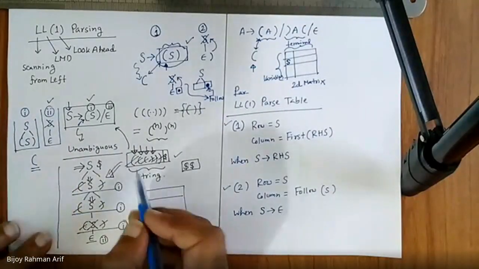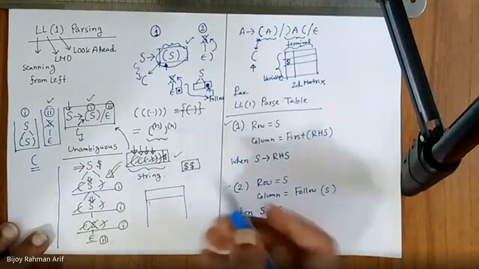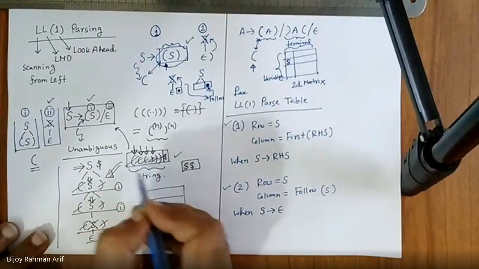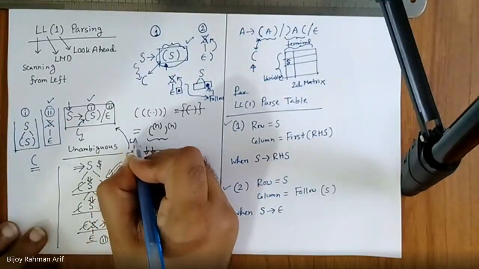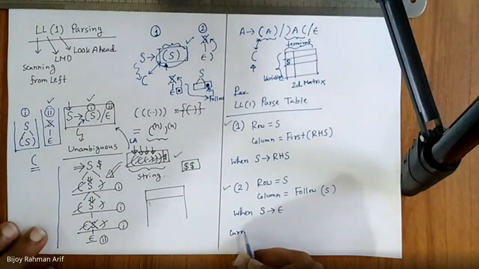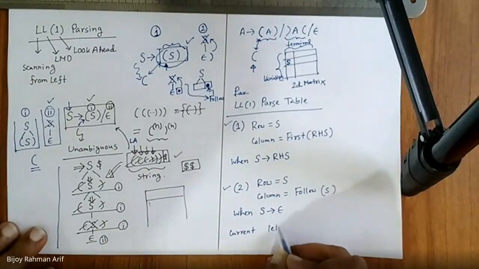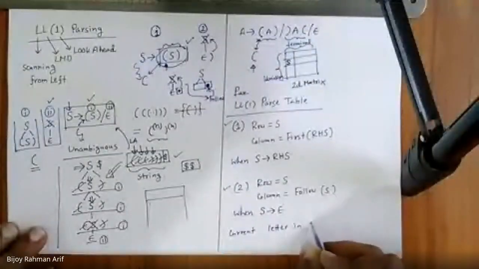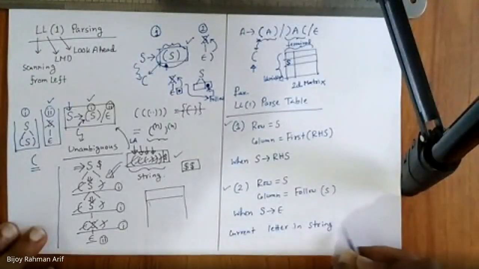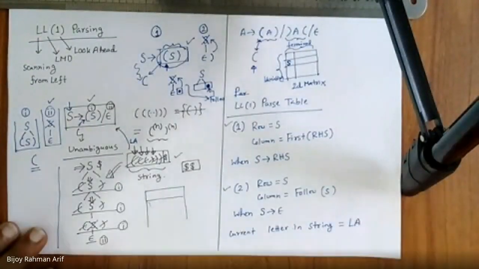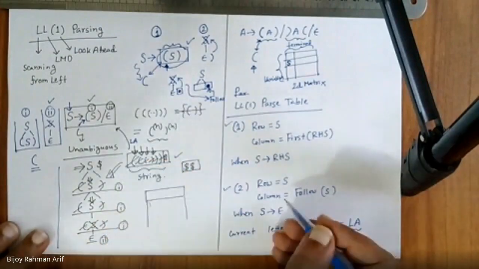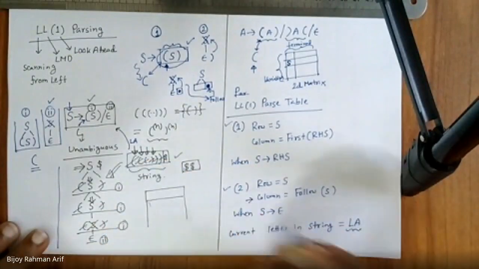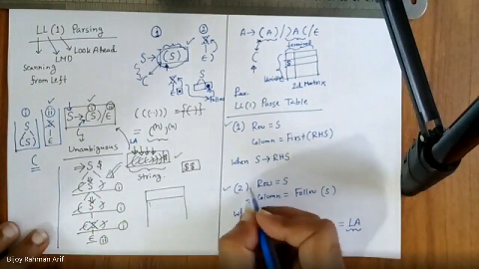Whenever you see a variable S, and whenever your current letter in the string, which is called the look ahead, is something, that look ahead denotes the column, and whenever I have a variable, that denotes my row.